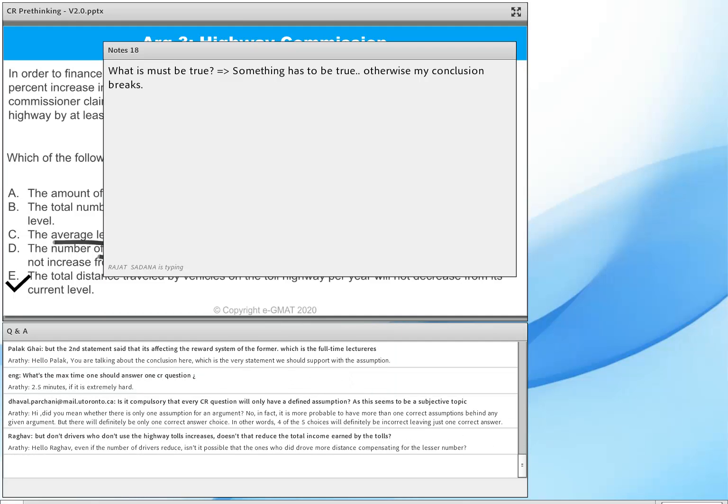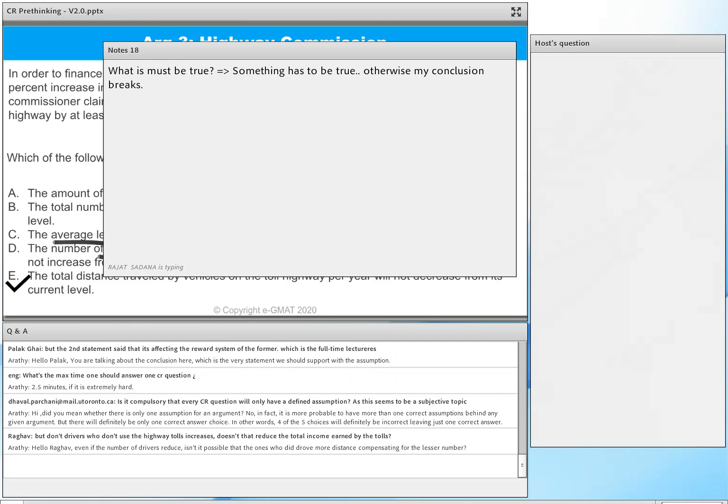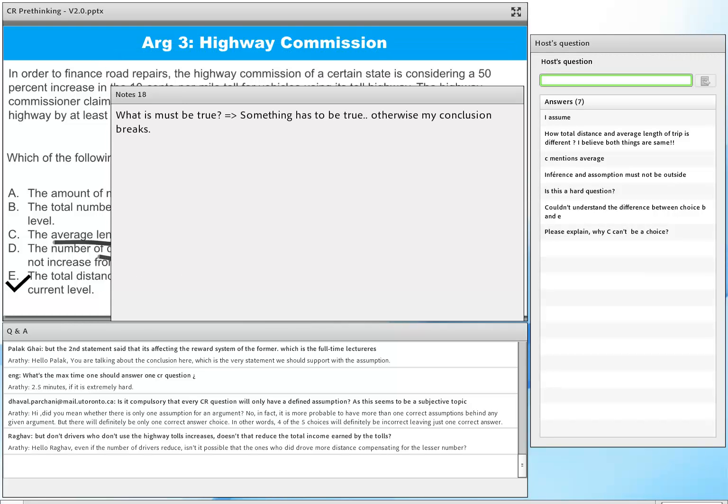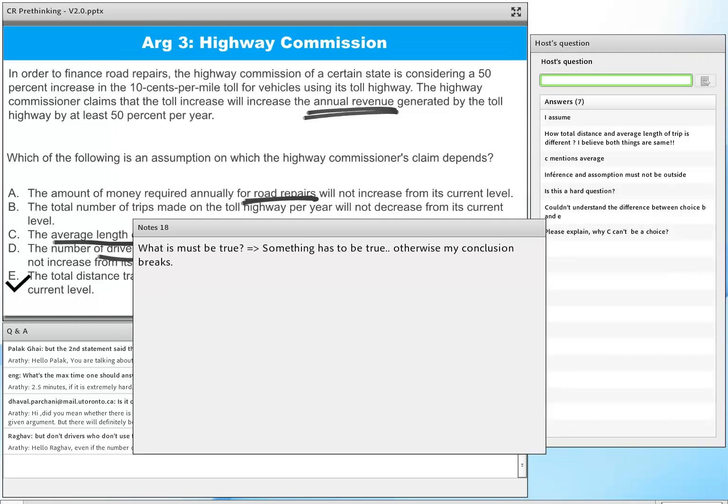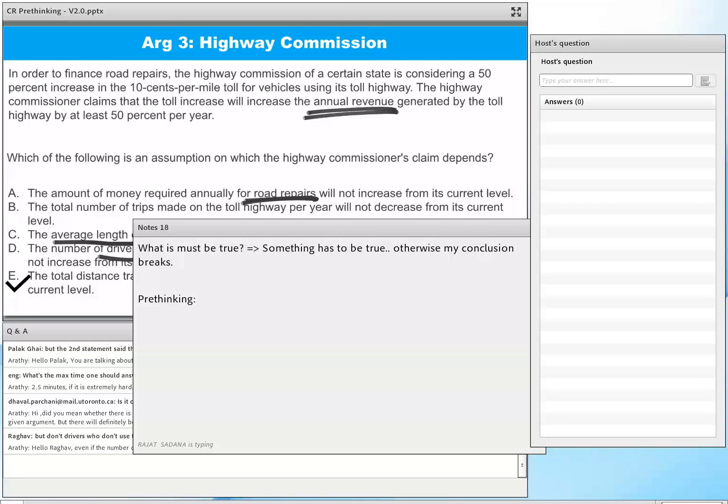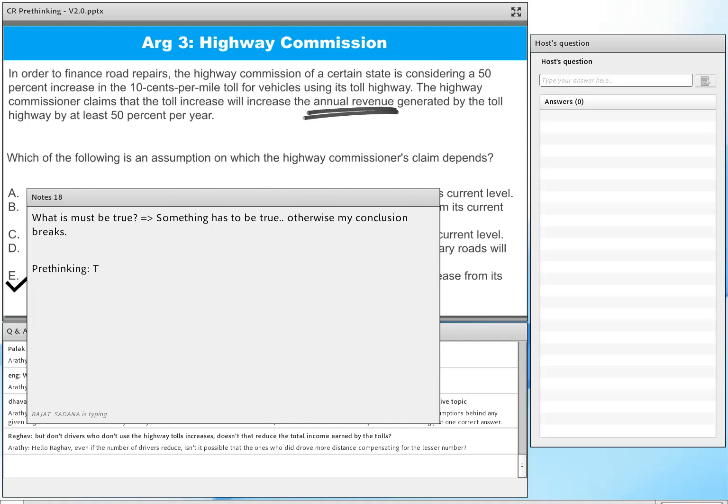Now, let's see what choice B says, very quickly. Choice B says the total number of trips. So what was our pre-thinking? What was our pre-thinking for people who are confused in either choices B or C? What should not go down? The total distance.